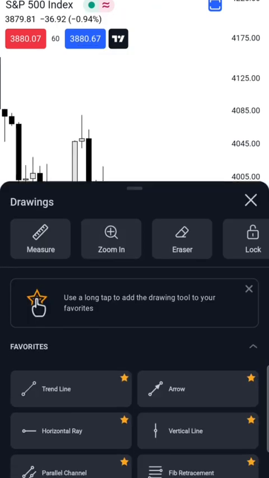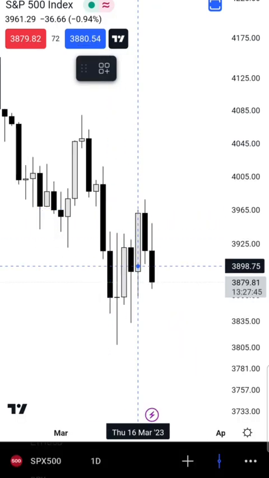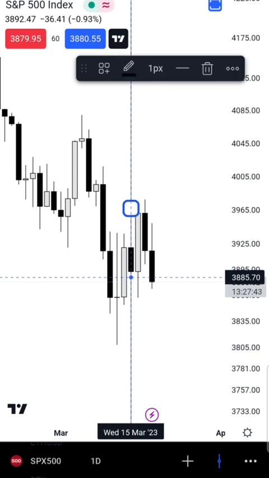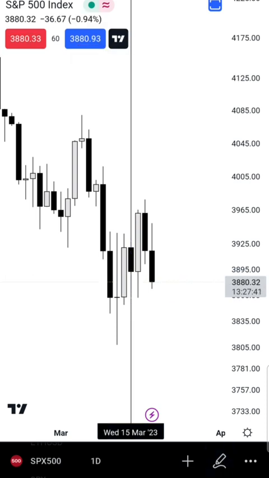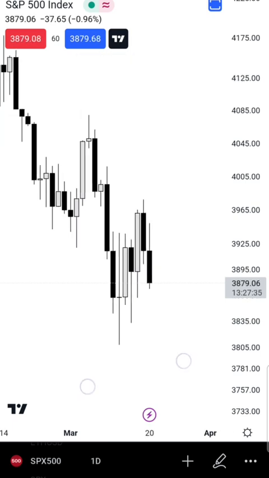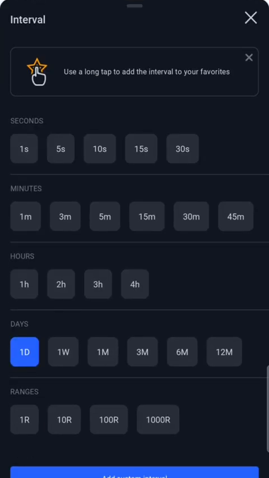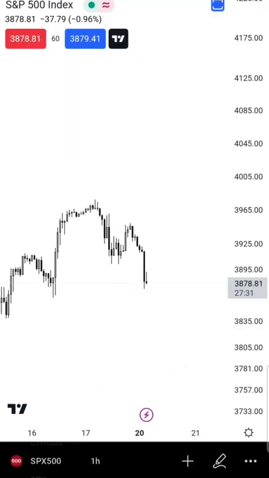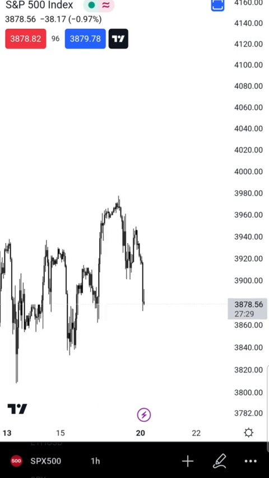As soon as they printed this candle, I suspected it would be a fake order block, a fake engulfing candle. Me personally, I think the leg down has started already to the original consolidation.